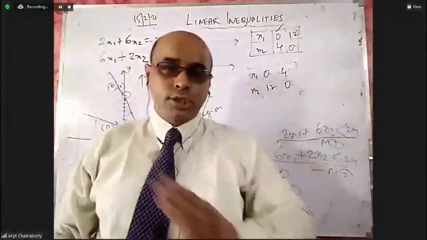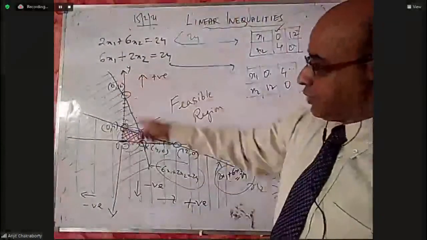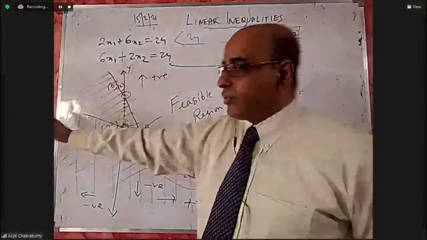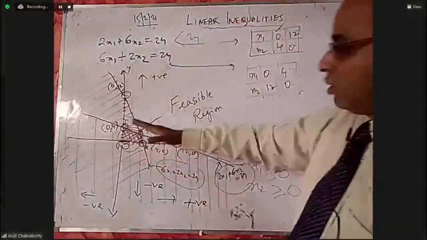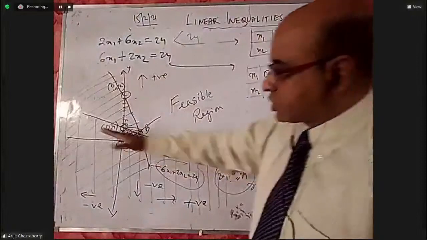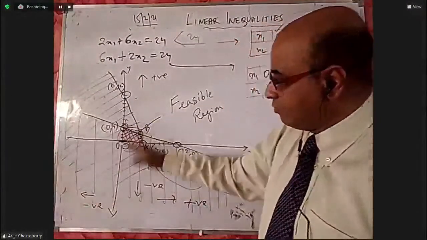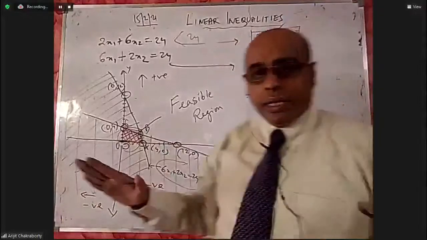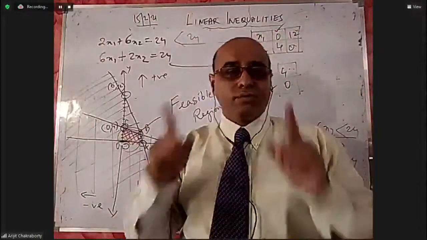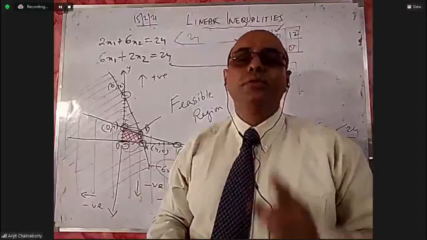The gradient is more. Then I have drawn the shading on the left-hand side of the steep line, and also for this lower line, which is flatter, I have drawn the shaded area. The common part of both the lines is the solution set.